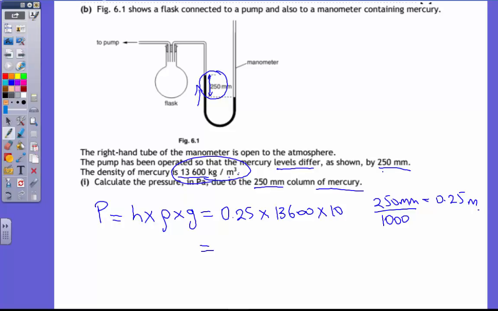And the answer is 34,000 Pascal. The pressure due to 250 millimeter of mercury is 34,000 Pascal.